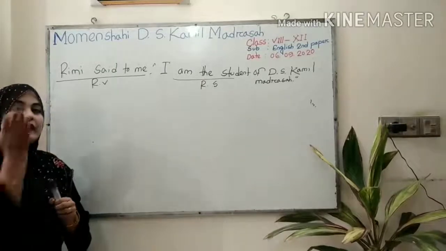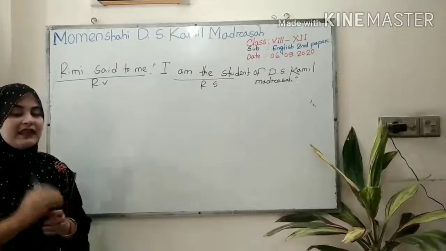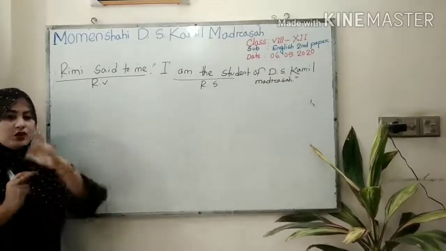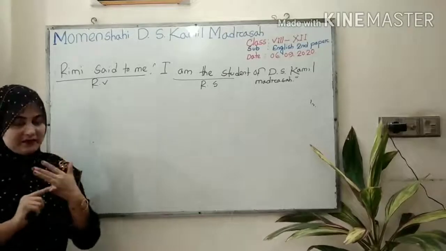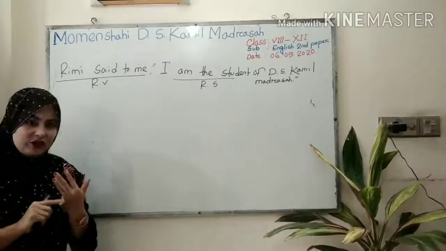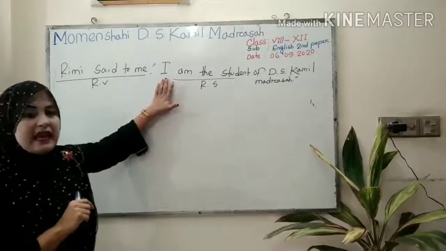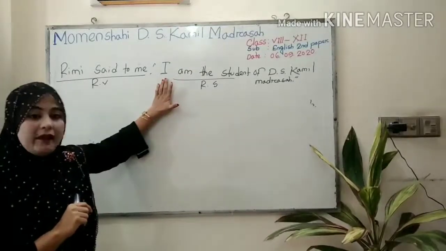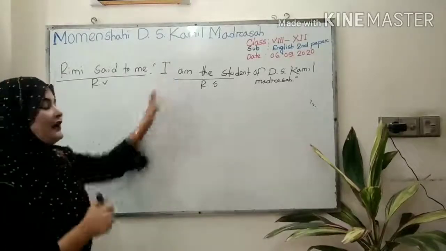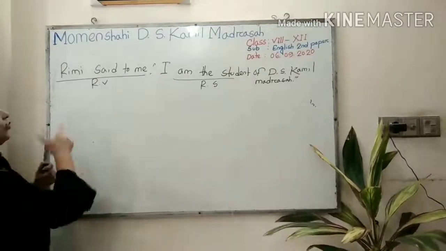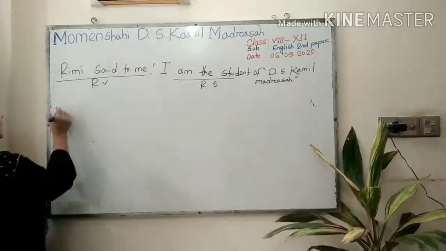And what I said earlier before starting my class, you have to look at two types of word, that is tense and also sentence. Look, it is an assertive sentence and also present indefinite tense.